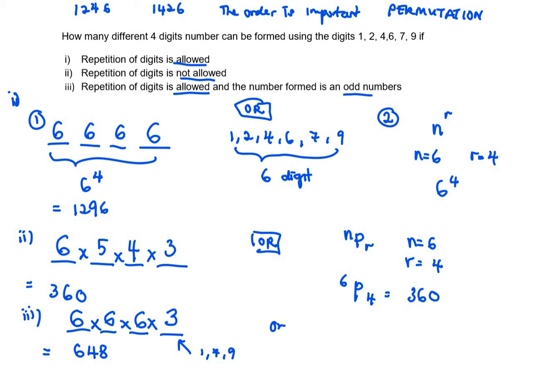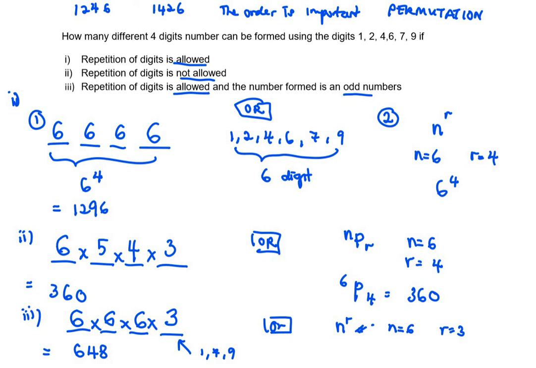Or your calculation can be, okay, repetition is allowed, so n power r. Our n is 6 and our r is 3, because you have to make sure that the last digit should be odd.